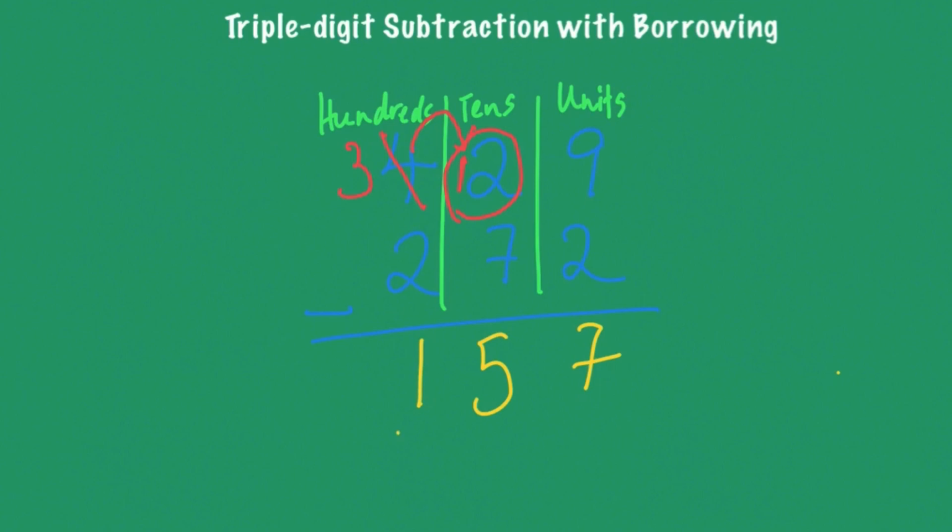So our final answer here is 157. Okay, so 100 gives me 100, 5 tens gives me 50, and 7 units gives me 7. So 157. All right. So let's try and do some more so that this gets clearer for you.